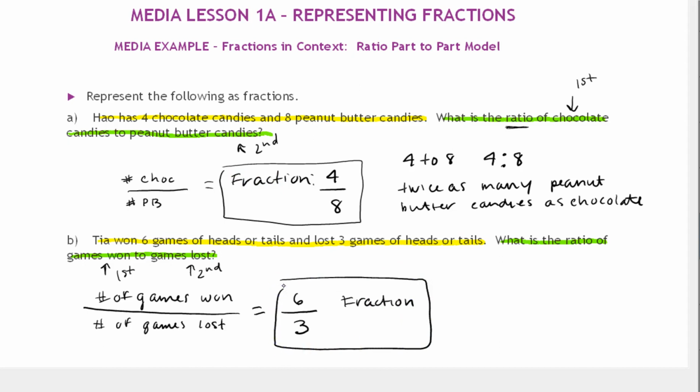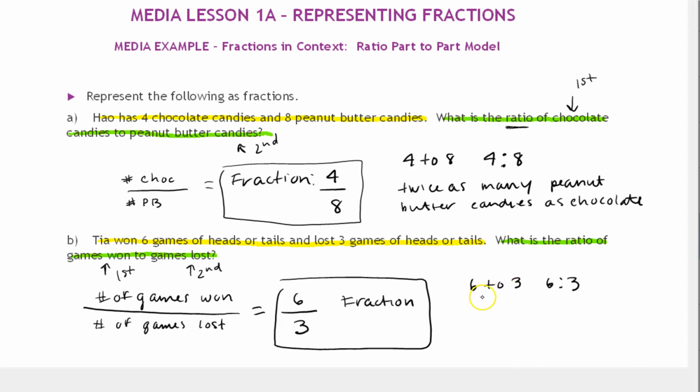Okay. And again, we can also write these as 6 to 3, because we do this with part-to-part ratios a lot, or 6:3. And notice, things I'm thinking, you can say, well, she won 3 more games than she lost. And that's interesting. But we can also say she won twice as many games as she lost.